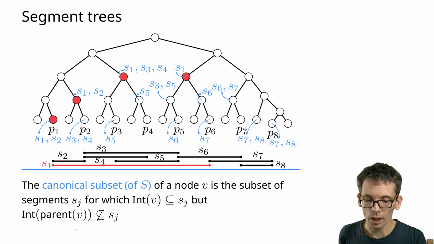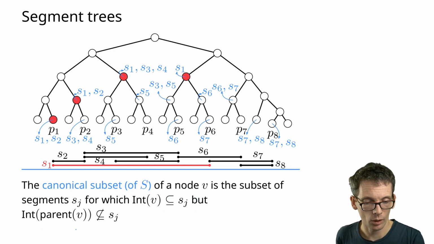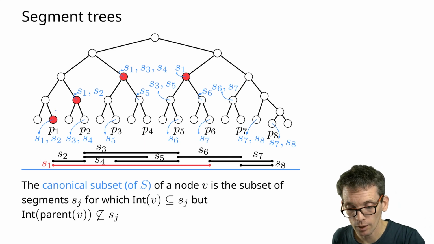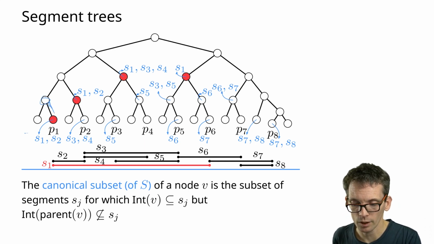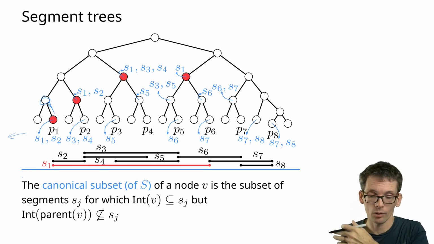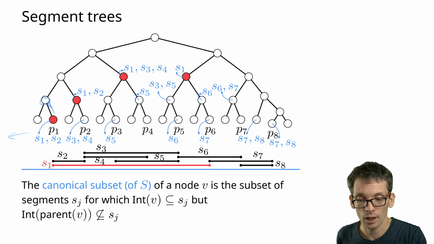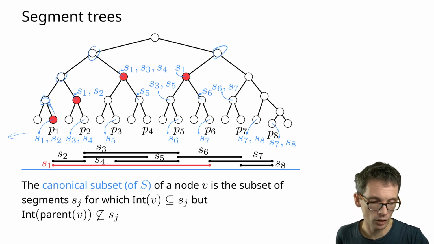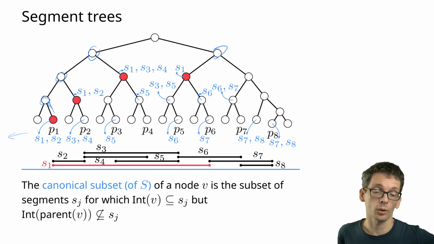And again, if I look at S1, it is stored at all of these nodes. The reason is that if I would go to the parent, this parent includes infinity also, as S1 does not cover everything down to minus infinity. Same here, and here this one also includes up to infinity.